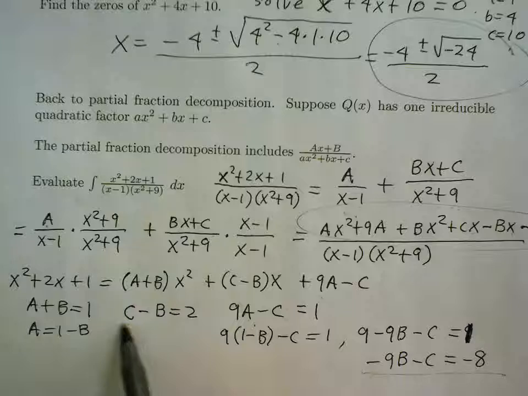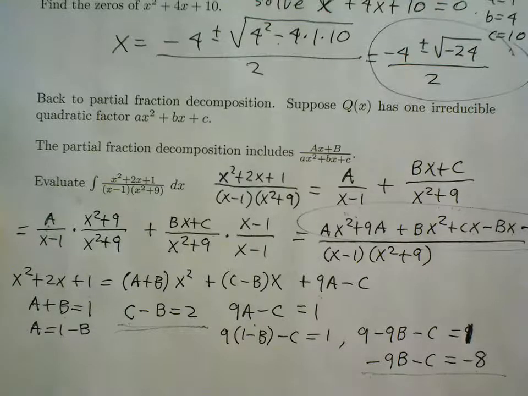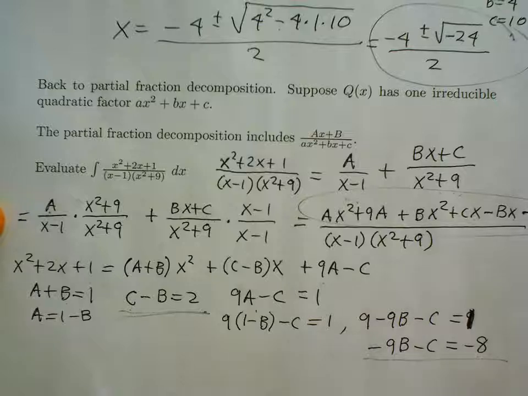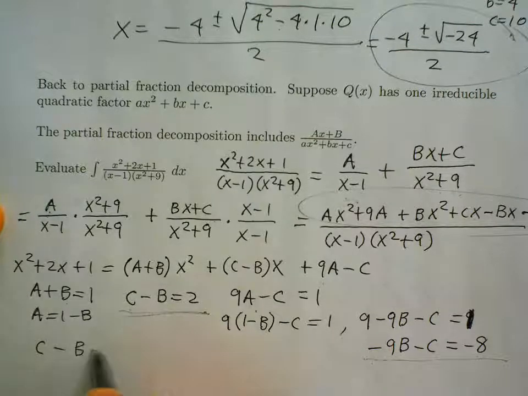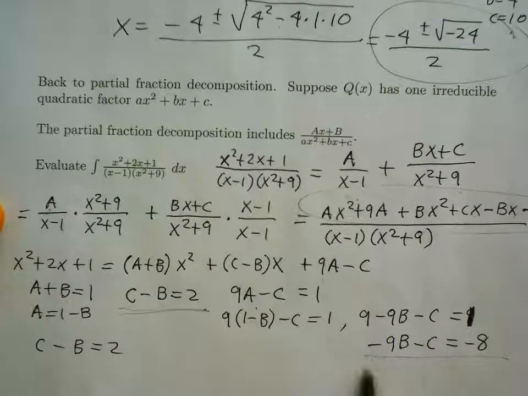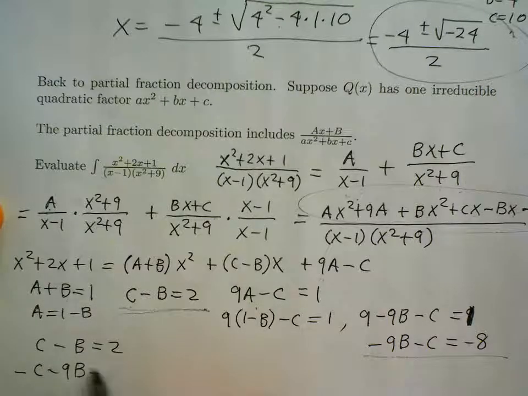Let's use this equation, negative 9B minus C equals negative 8, and the equation C minus B equals 2 together in a system of 2 linear equations. For convenience, I'll rearrange these: negative C minus 9B equals negative 8.